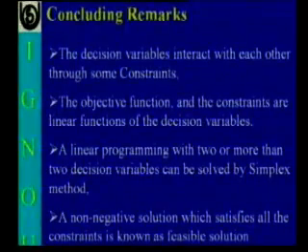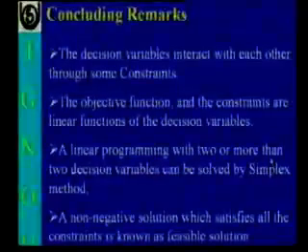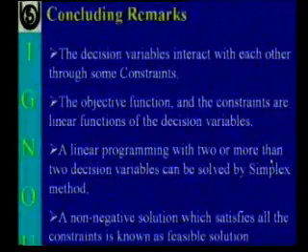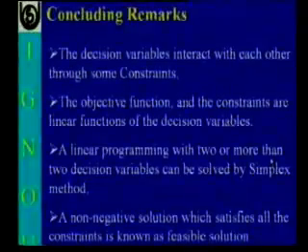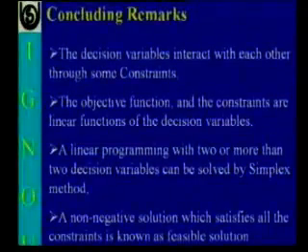There are some techniques available for non-linear functions that we will come to later on. Linear programming with two variables we have solved with the help of the graphical method. If we have more than two, we have to solve it with the simplex method.